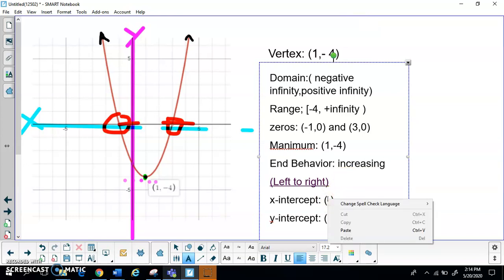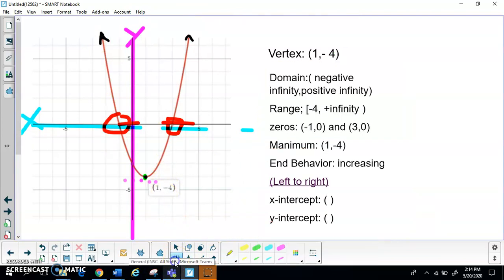The x-intercept is where your parabola intersects the x-axis. This graph is quite different from what you had in the first example. In this case, the x-axis is here and your parabola is right here.